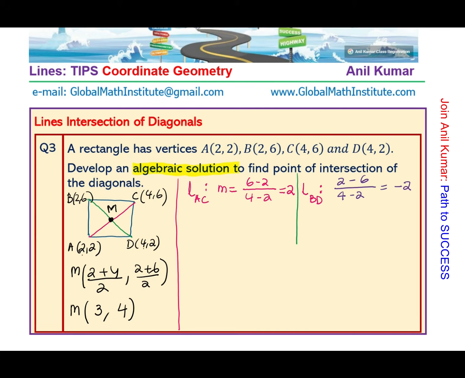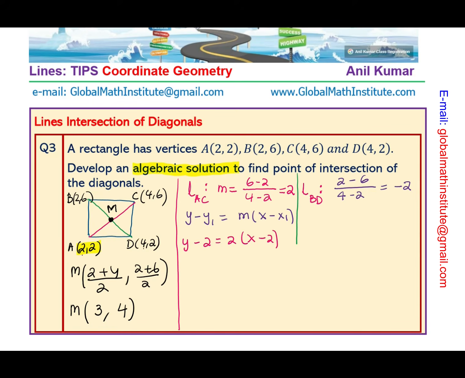Makes sense, right? So we are writing equation in the form y minus y1 equals m times x minus x1, correct? So for the first point, let's take the point (2, 2). In that case, the equation will be y minus 2 equals the slope, which is 2, times x minus 2.